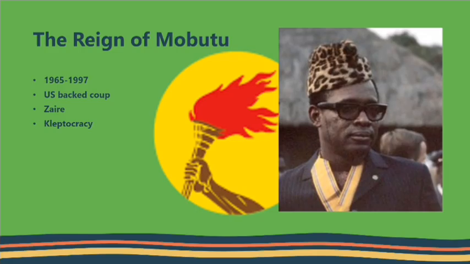During his reign, the public infrastructure of the country collapsed, the economy withered, and political institutions were destroyed. By the time he was overthrown in 1997, Mobutu left behind a hollowed-out, impoverished state and a prime target for regional conflict and exploitation.